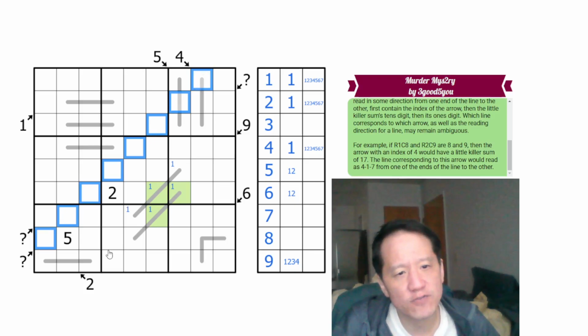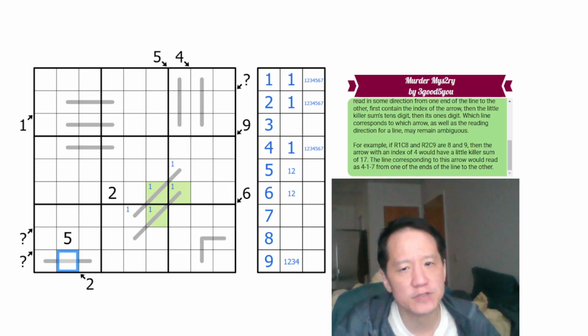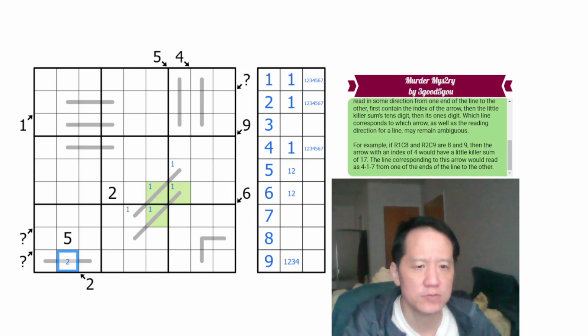Oh, this can never be 1, right? So this has to be at least 2. So this is 2 through 9, obviously no 5. This is also 2 through 9.